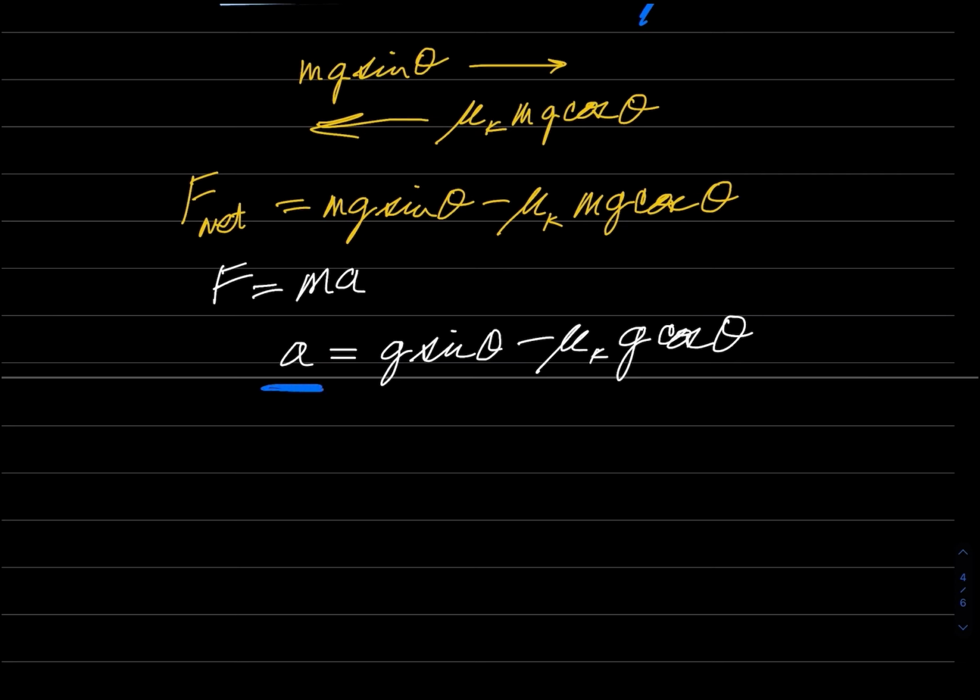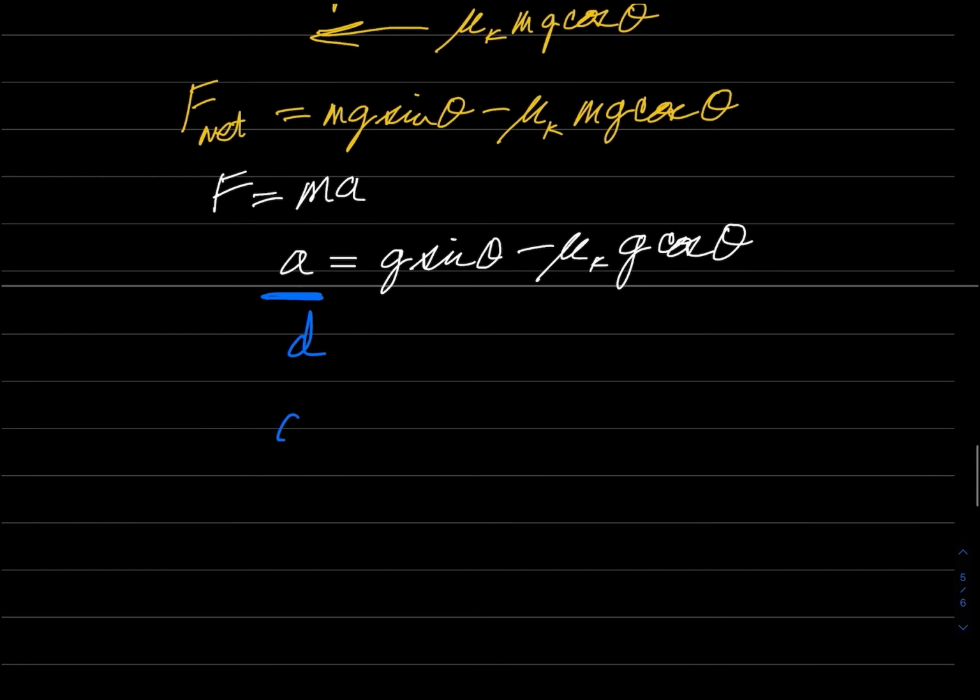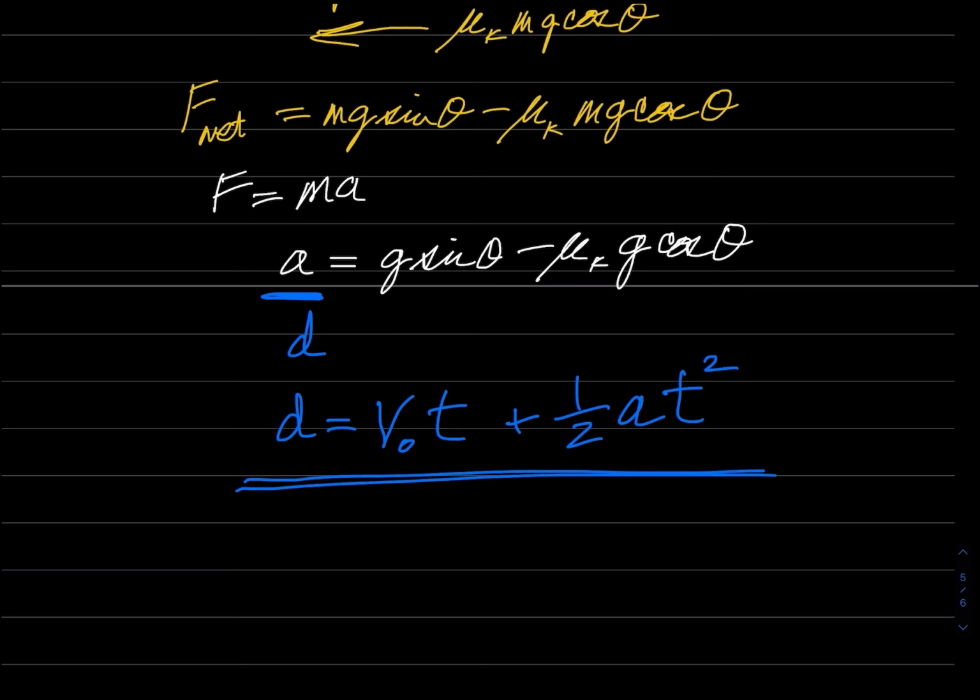If you have a constant acceleration and you know how far something is going to go, we have this equation. We have distance equals the initial velocity times the time of travel plus 1/2 times the acceleration times t squared. Remember this? This is the very first equation on the page of equations that they give you to start the test.